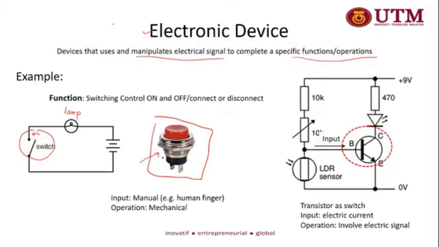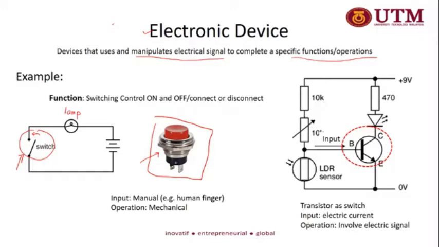For detail, you can search how the mechanical switch works. The main operation is something like what is shown in the symbol. There will be a mechanical contact, whether the conductor is touched or not. So they will make the switching operation.